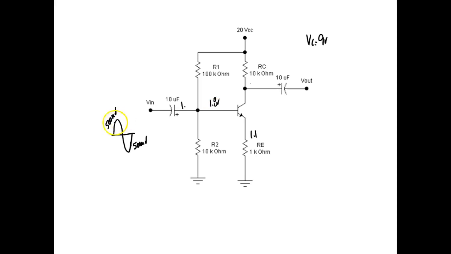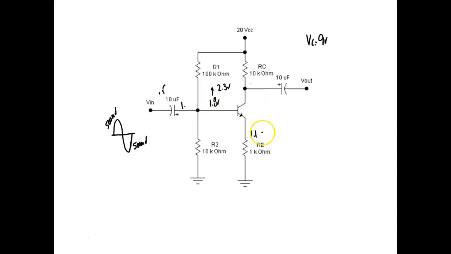So let's say we're going to put an AC signal into this. Here comes this AC signal. It comes in, it's 0.5 volts. It comes up here, and these voltages are going to add. So what would happen is the base voltage would go up to 2.3 volts. Everybody okay? 2.3 volts.